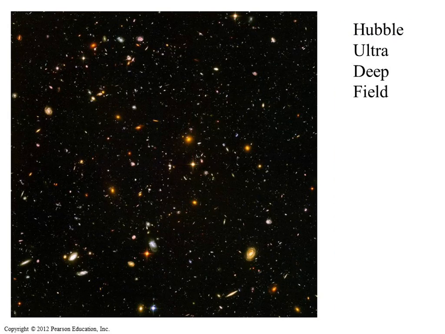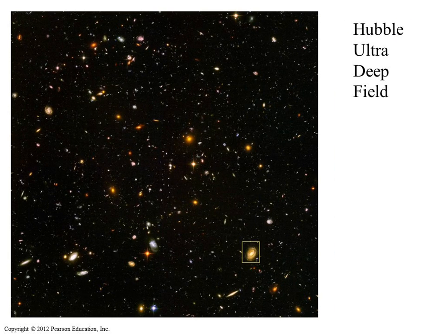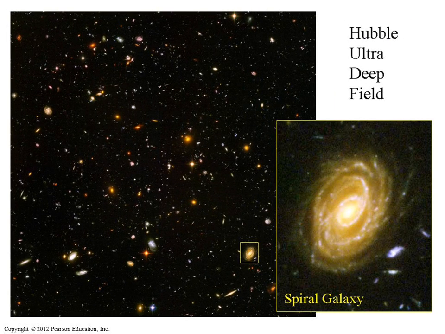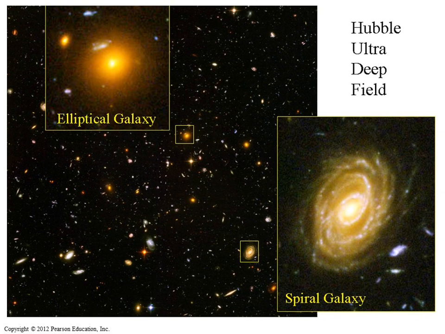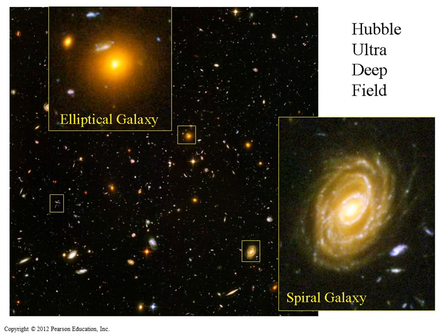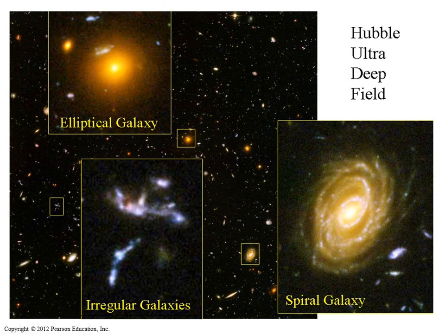So the three main types of galaxies, I'm going to highlight them in this field of galaxies. That galaxy is called a spiral galaxy. That's one of the three main types. And then we have elliptical galaxies. Irregular galaxies are not one of the three main types.